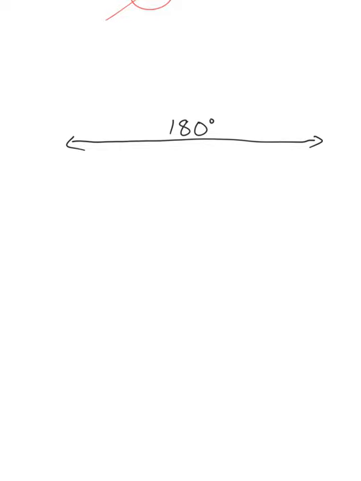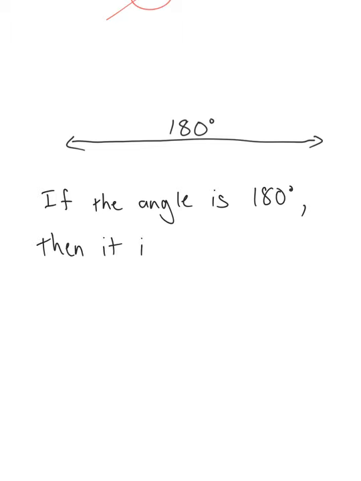So we can actually use two different if-then statements because both conditions are met with the if and then statement, because one proves the other and the other proves the latter. So we can say if the angle is 180 degrees, then it is a straight angle.